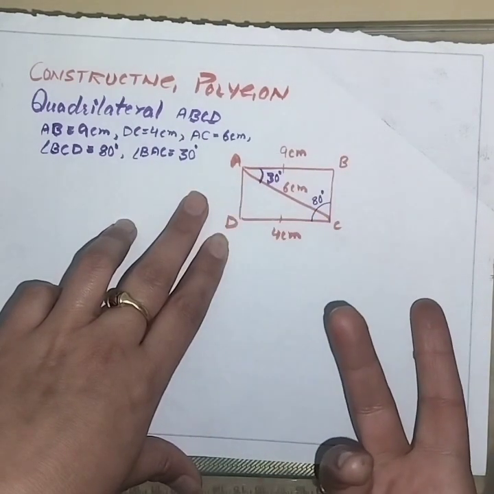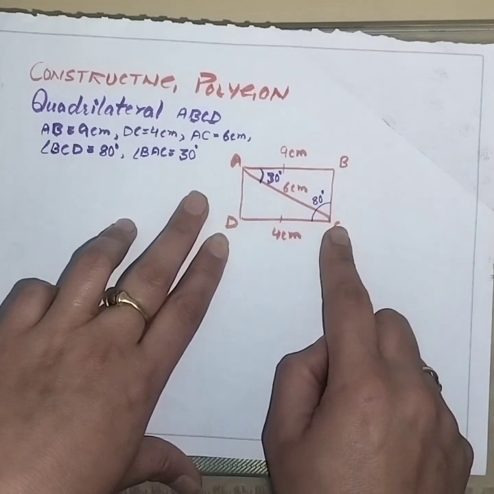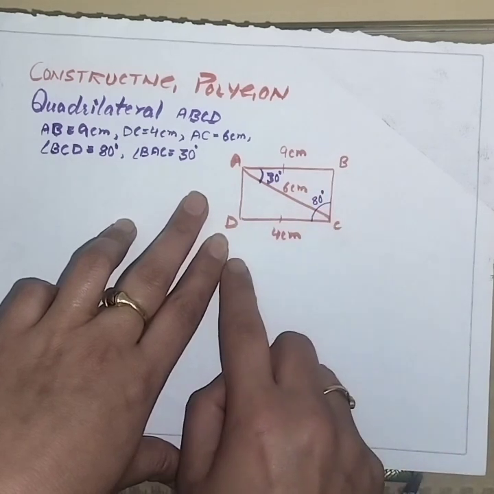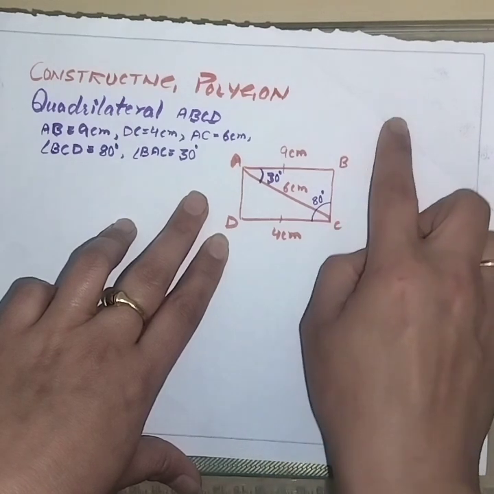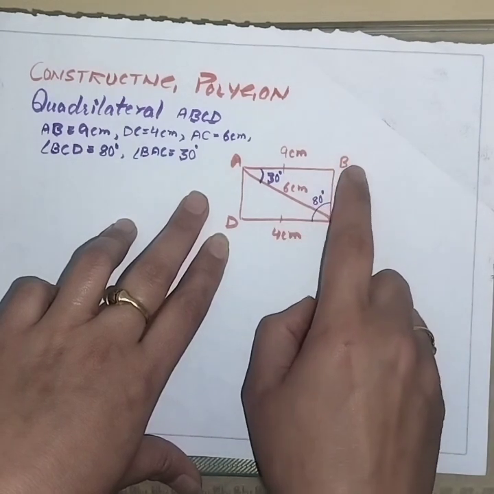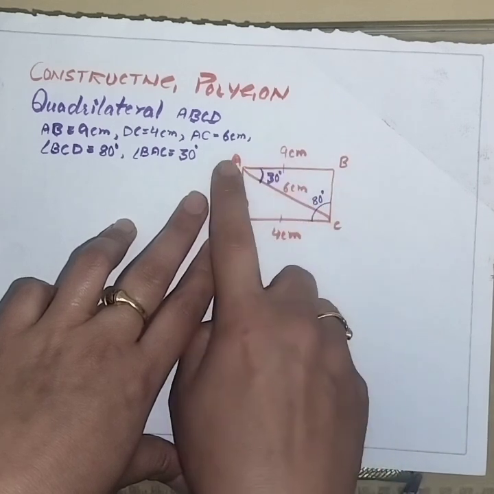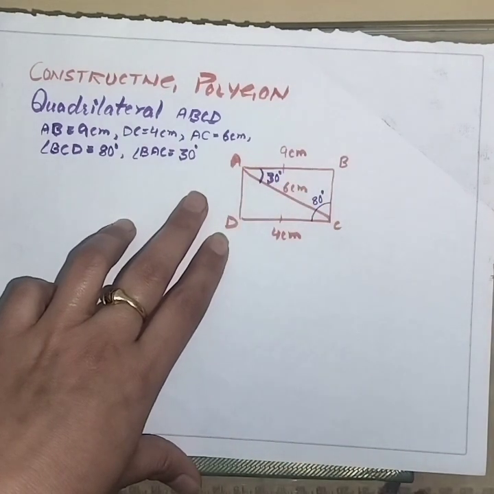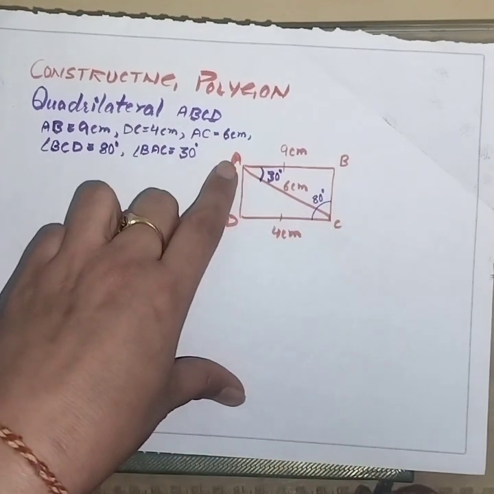You don't know. There is no other way to reach B from D and C, so you'll get stuck. Yes, in the direction of 80 degrees, B is 9 centimeters away from A, but A is not in the scene. You just have DC, so we did not find A yet.